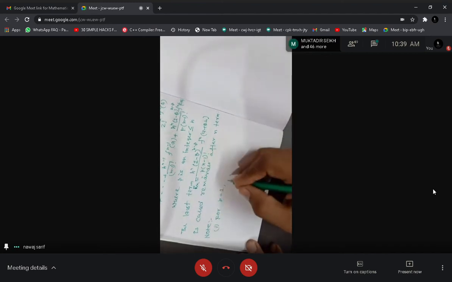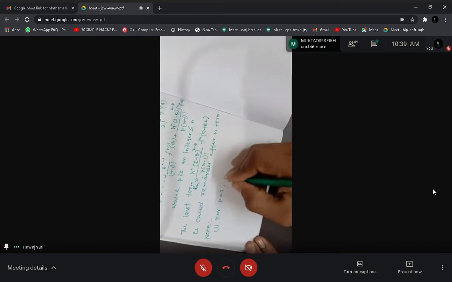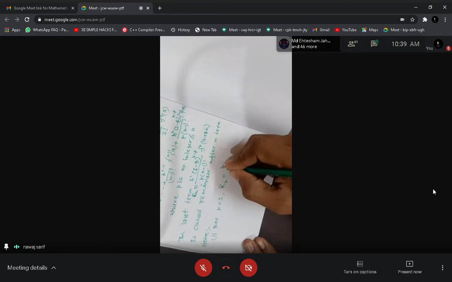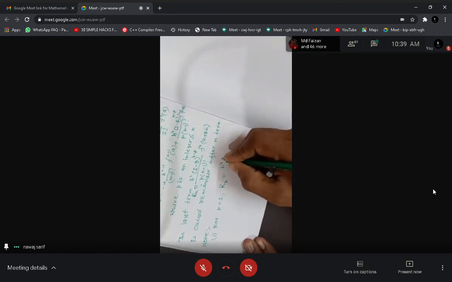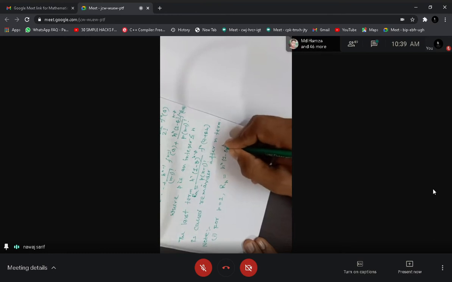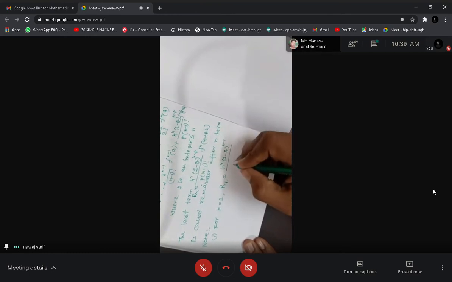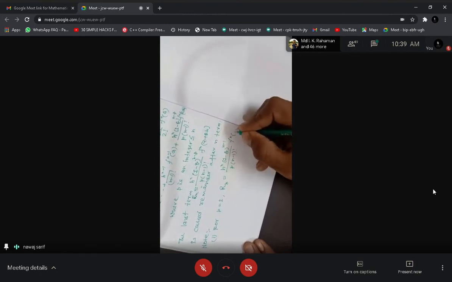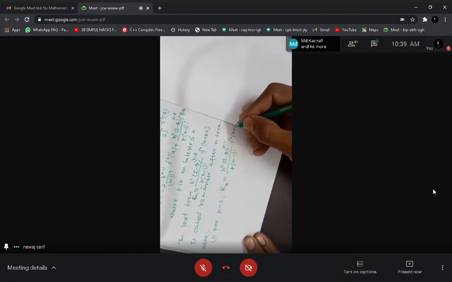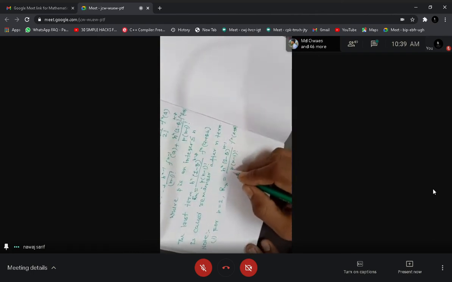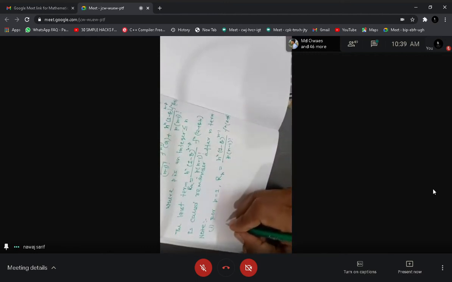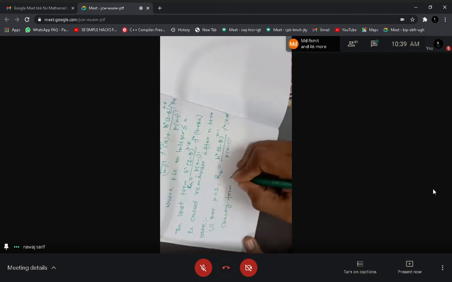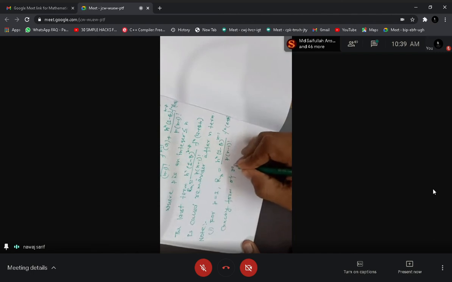For p equals 1, Rn equals h to the power n times (1 minus theta) to the power n minus 1 divided by p into (n minus 1) factorial times f^n of (a plus theta h). This is called Cauchy form of remainder.